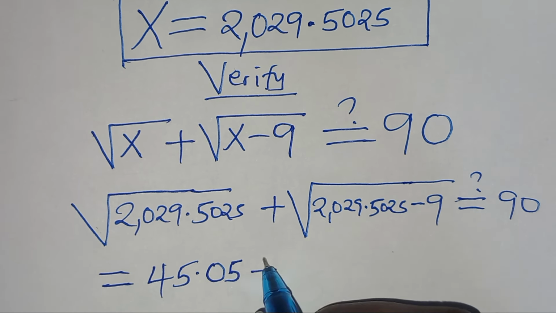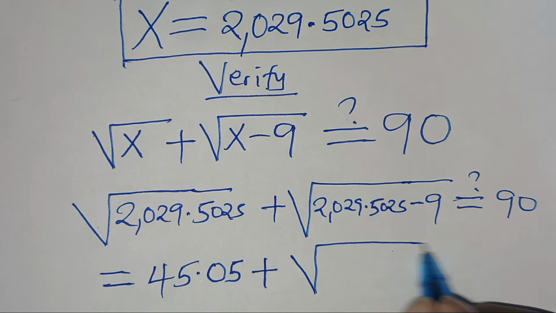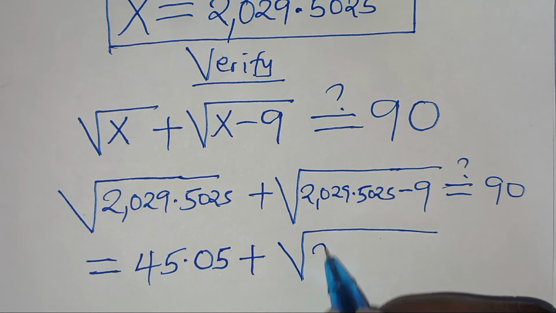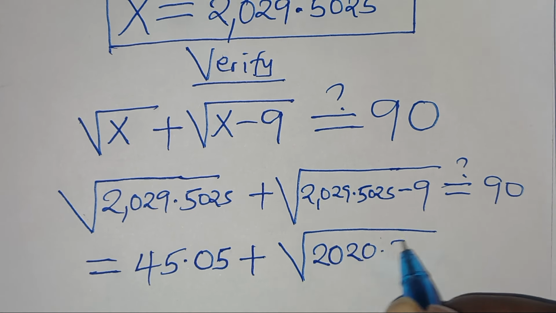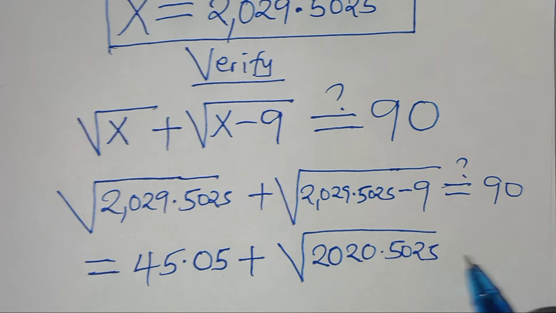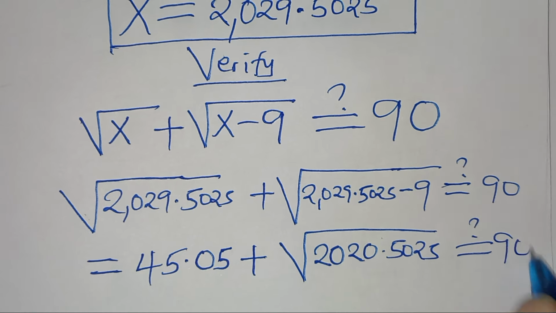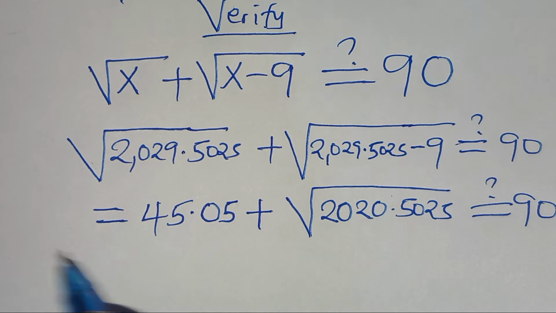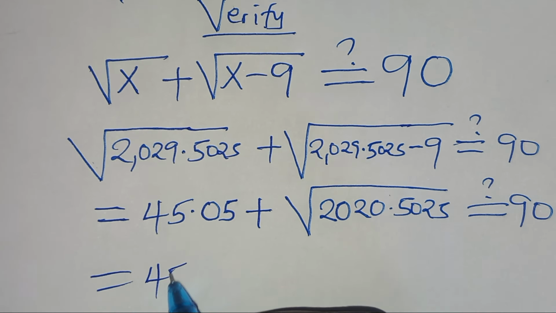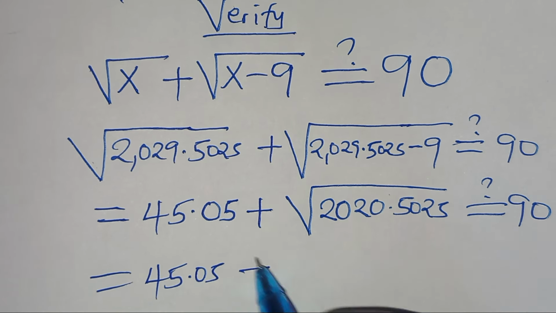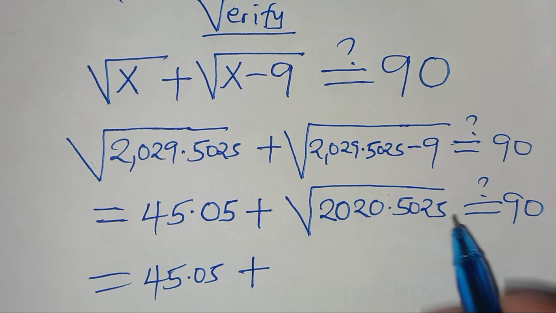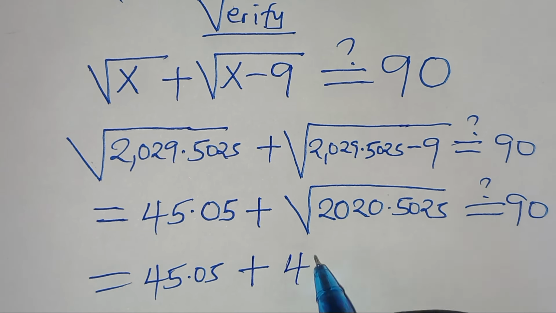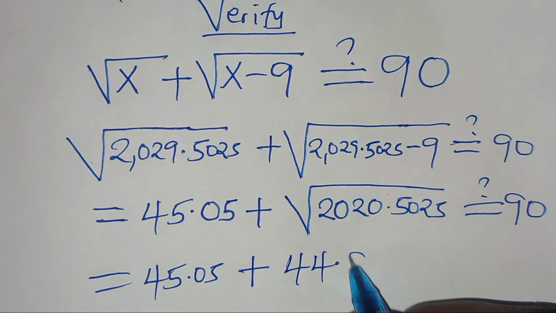The square root of 2029.5025 is equal to 45.05. Then plus the square root of 2020.5025, which is equal to 44.95.